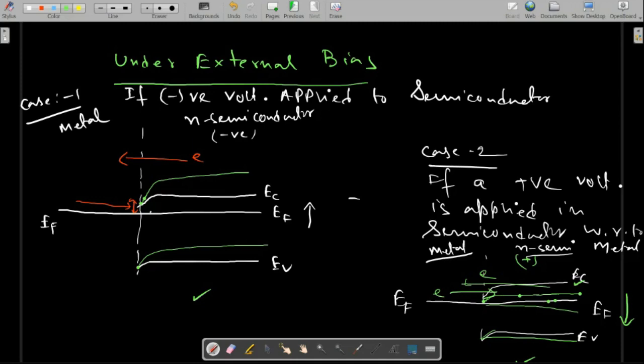That means we are saying phi m will be less than phi s, etcetera, for it to be non-rectifying. But we have a technique by which we can easily create a contact whose IV characteristics is linear in nature. So let us see what that is.